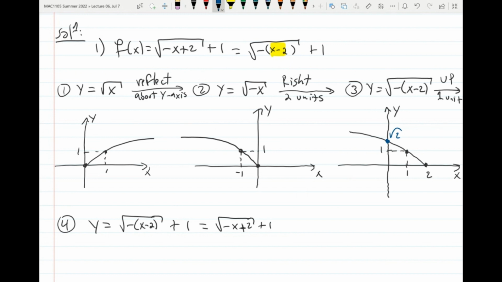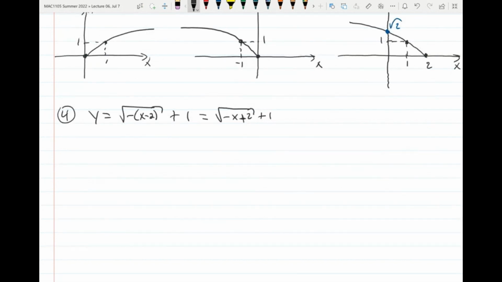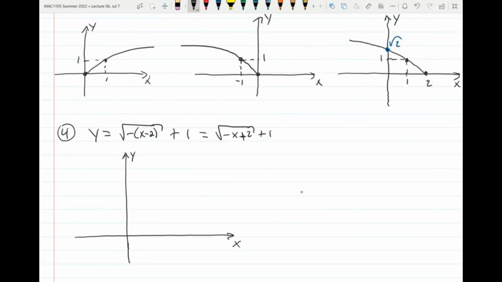And then next, what are we doing? We take this picture and then we shift it up 1 unit. So that's x, that's y, and let's see, 2, 0.